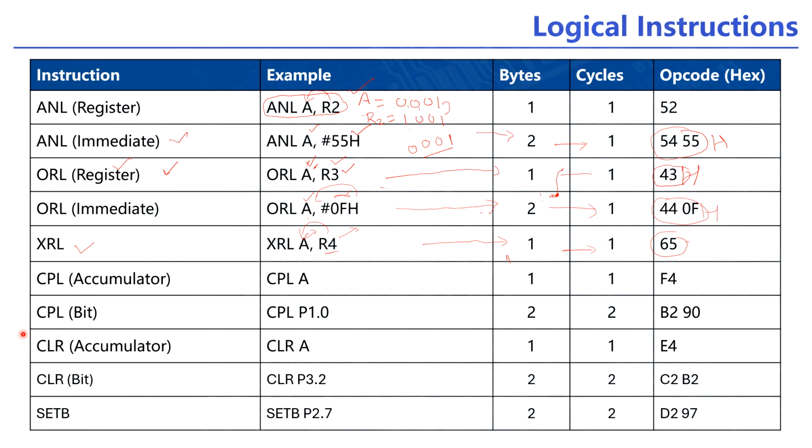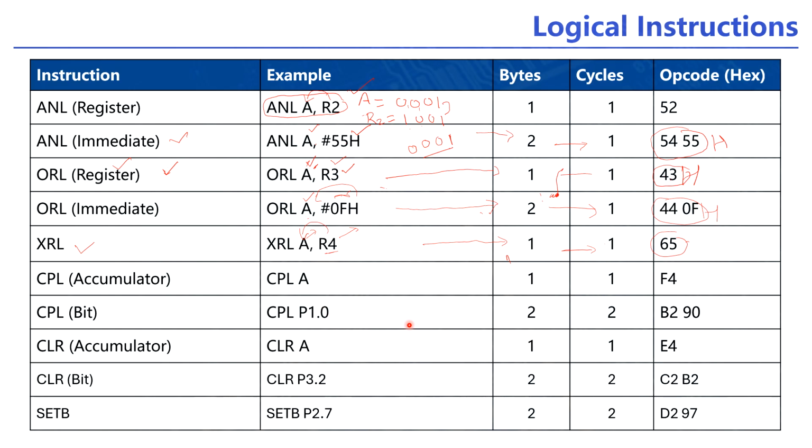Noted? Okay. CPL bit, this one. Bit is nothing but port pin. This is the one pin we consider here. CPL P1.0. This is the first pin of the port P1.